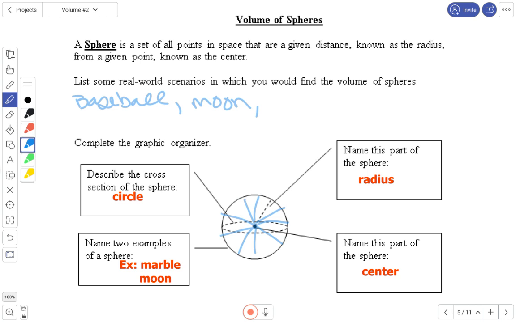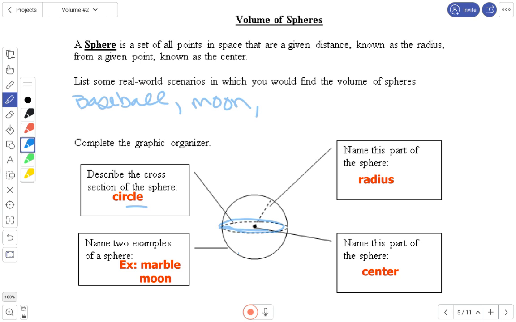All right, looking at our little Venn diagram here, we're describing the different parts of our sphere. It says, describe the cross-section of the sphere. When we're looking at the cross-section of the sphere, what it's talking about is this circle that's going from one side to the other.